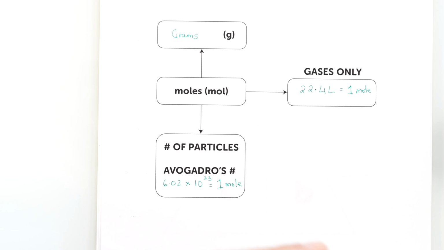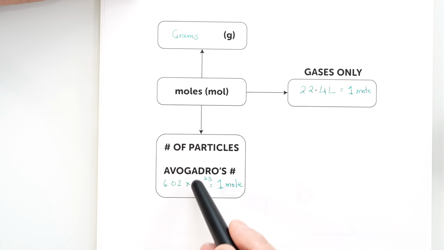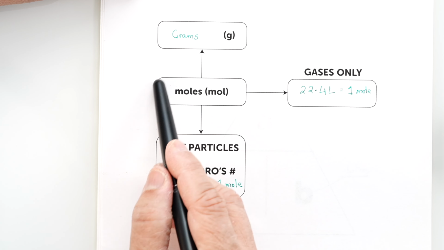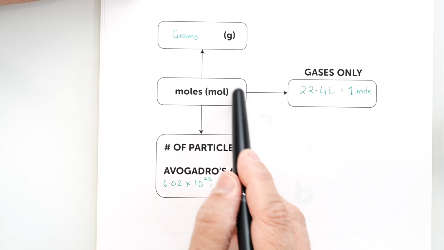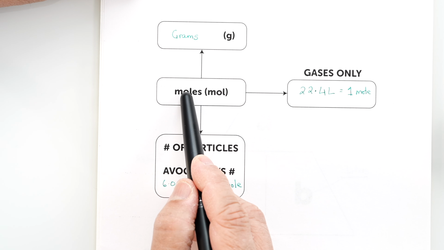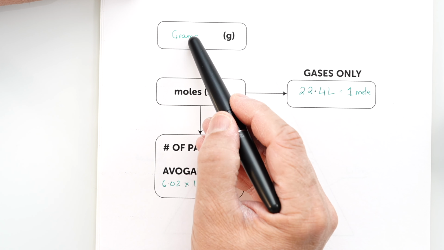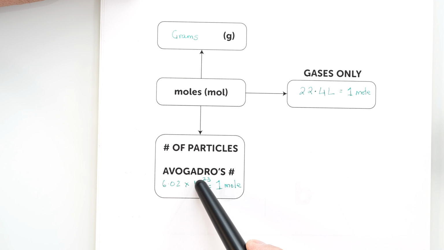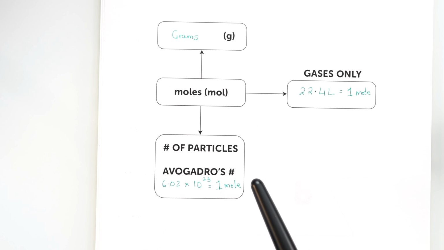If I ask you how many particles you have in the solution, here again, you need to first figure out the moles, and from the moles you can jump to particles as I've just shown you. So it's very crucial that you understand the concept of moles and how you can flip to grams, or how you can flip to the number of particles in a given solution.